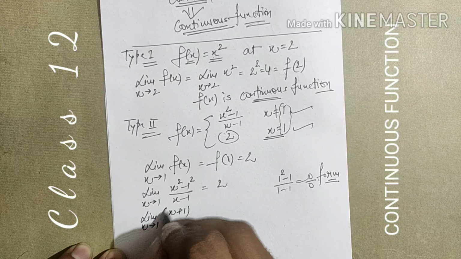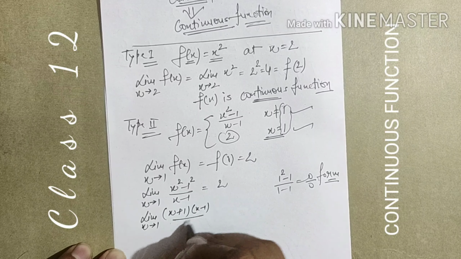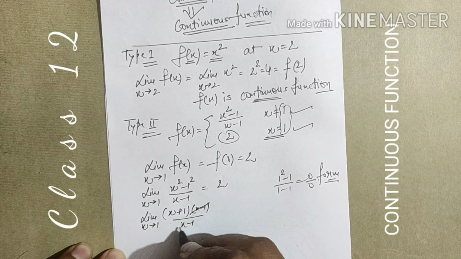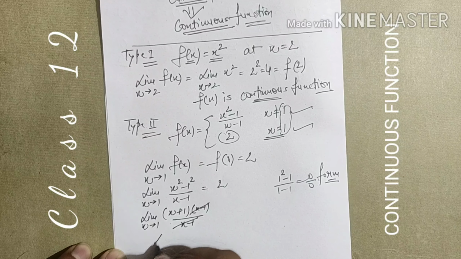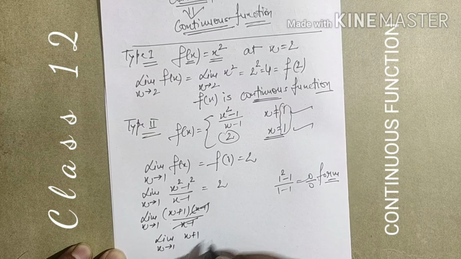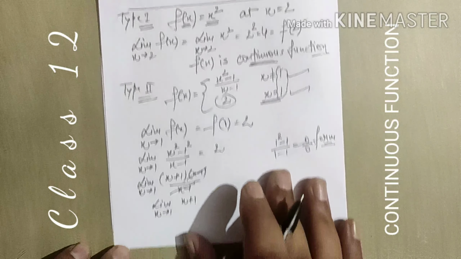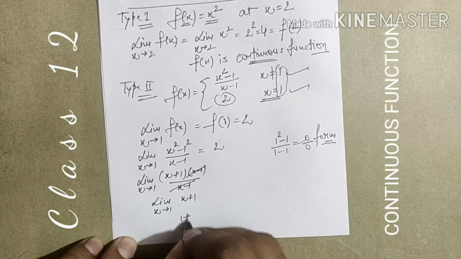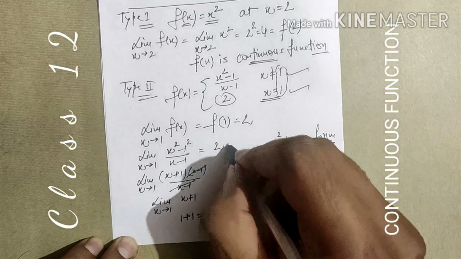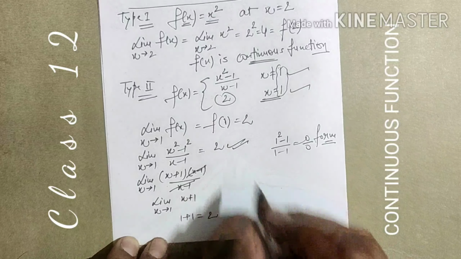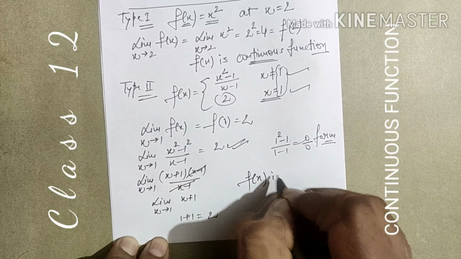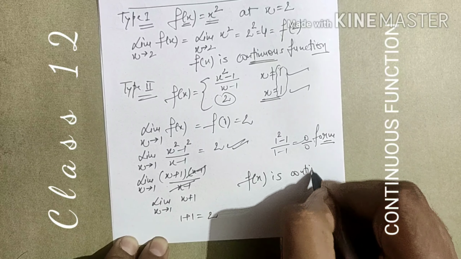We get a plus b, a minus b. If you see here, this common factor is cancelled out. So we are left with this function only. If we put x equal to 1 here, we get 1 plus 1, 2, same as the right side value. If this value matches, then the function is called a continuous function.